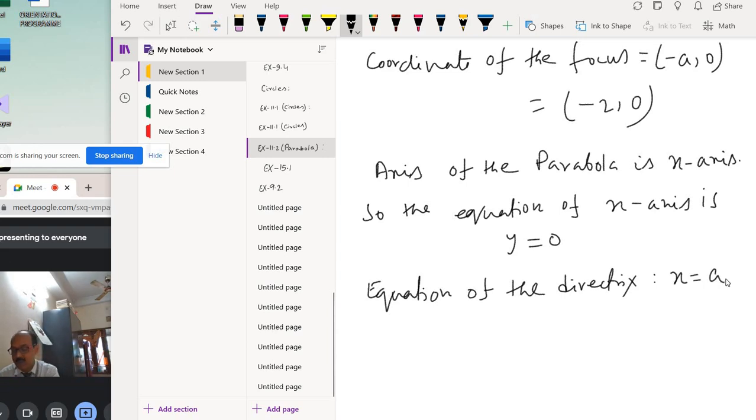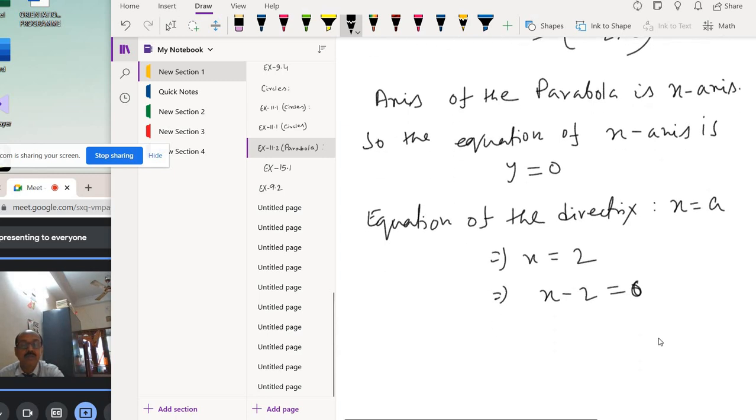So x equal to a means x is equal to 2, so x minus 2 is equal to 0.